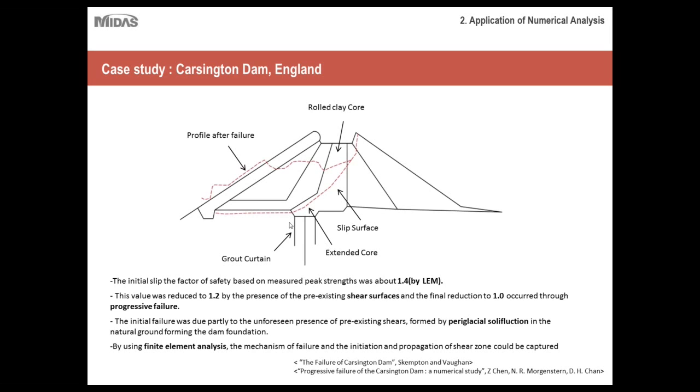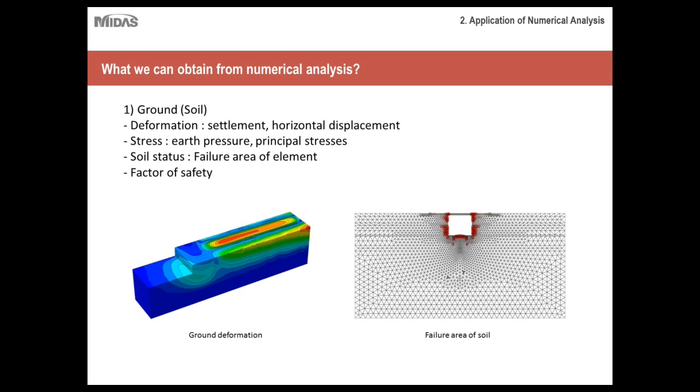That's one shortcoming of the limit equilibrium method: it assumes, for example, that the water level will stay the same and that there aren't any internal shears caused by periglacial solifluction or any other factors. Once engineers realized that finite element modeling can account for these factors, it started to take greater precedence. More engineers started using it for their analyses. This is just one of many instances in which finite element modeling was shown to be a very valid and very useful solution.